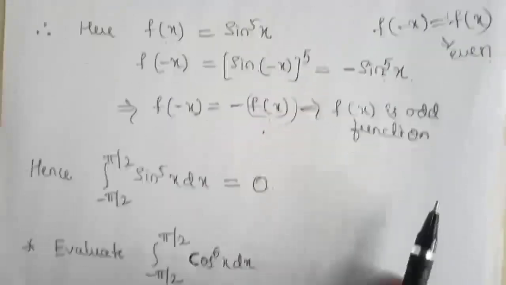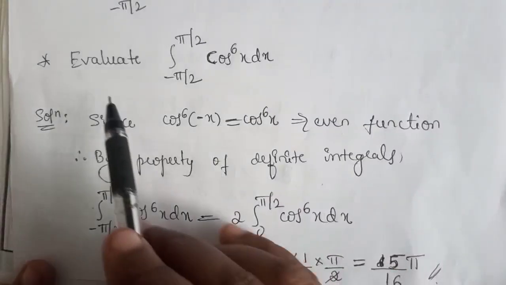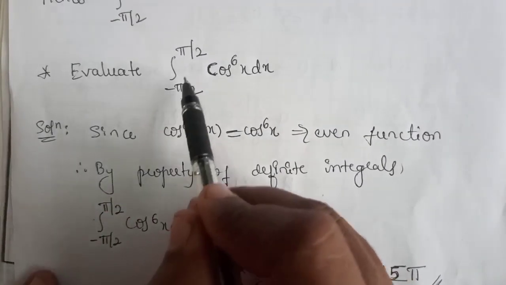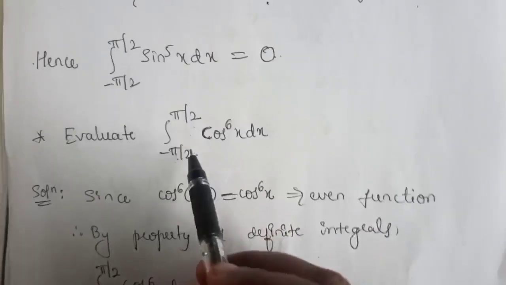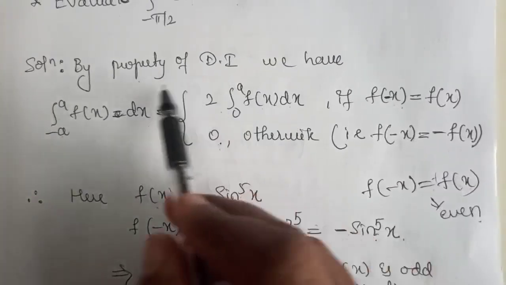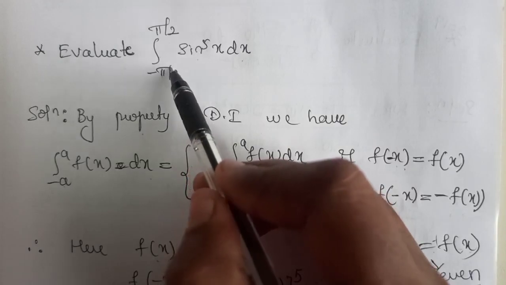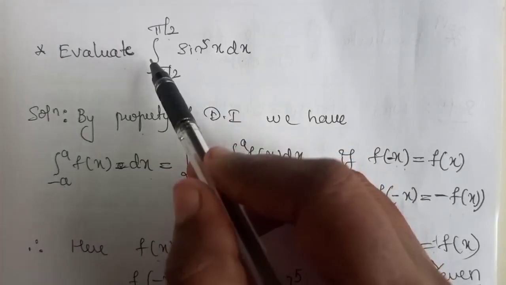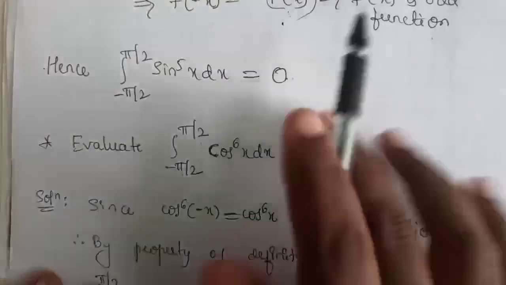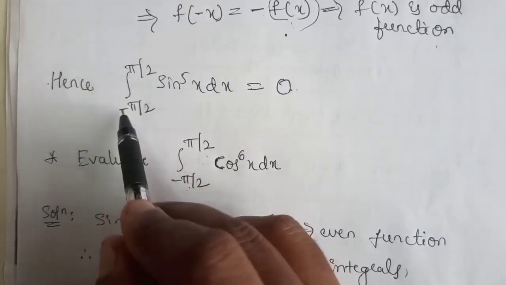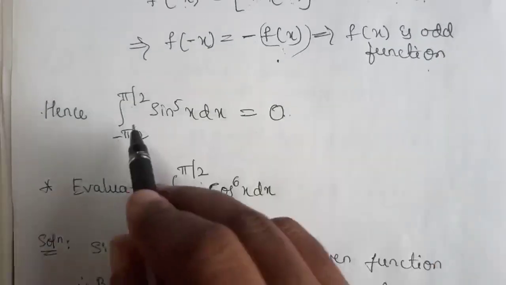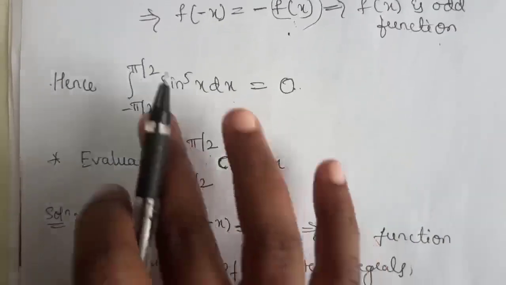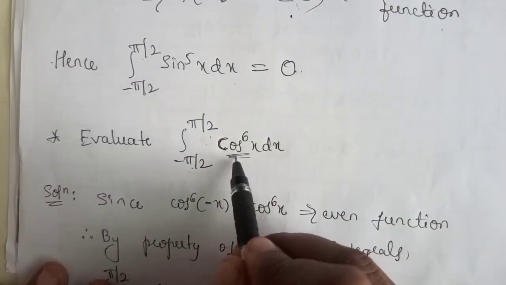Next, evaluate the integral from minus pi by 2 to pi by 2. We apply this property only when the upper and lower limit values are the same but differ in sign. Here also we have minus pi by 2 to pi by 2. Sorry, not this one, this is cos power 6 x.